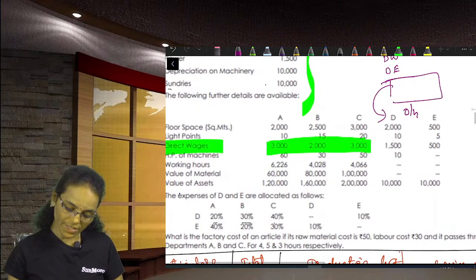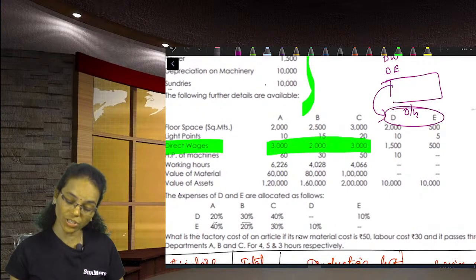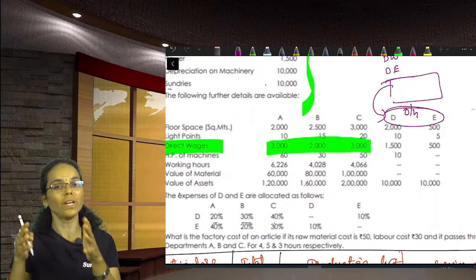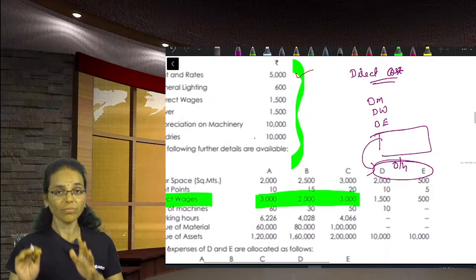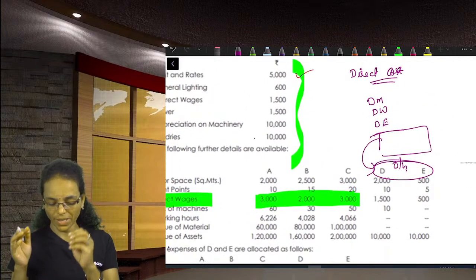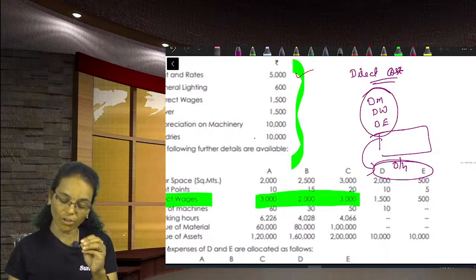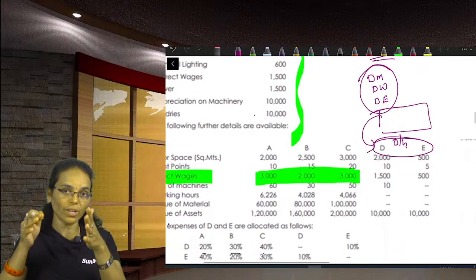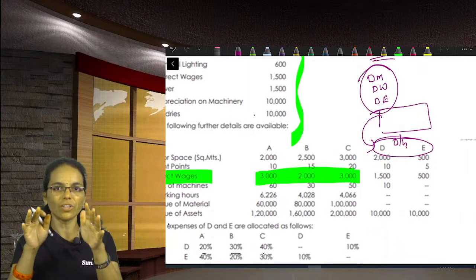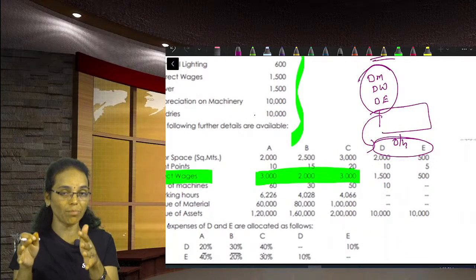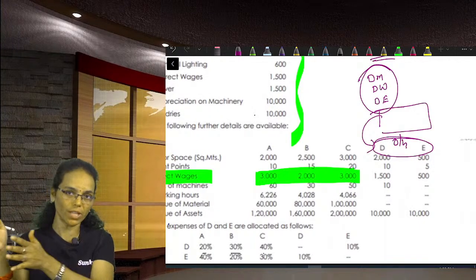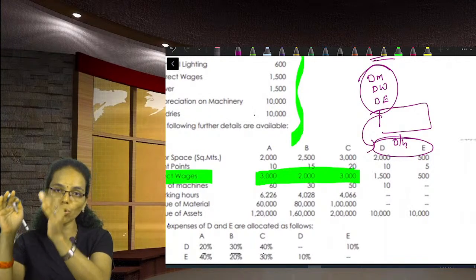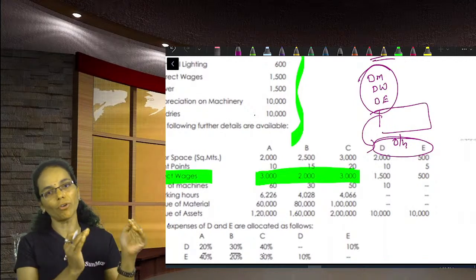So here, service department labor cost is also included in the overheads, not in the production cost. First we will allocate to them directly, then after total we will allocate to production departments.